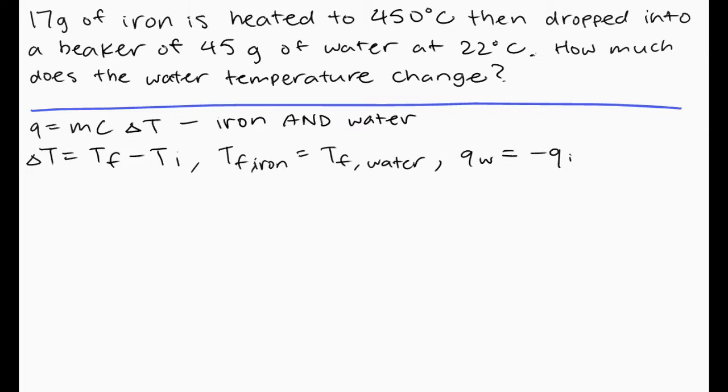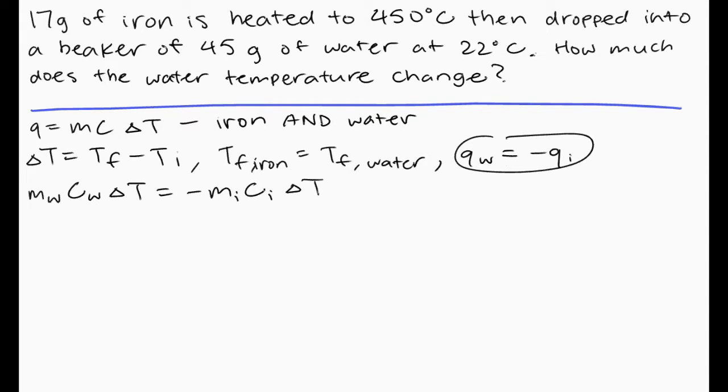So now we can replace these heats with the actual mc delta T equations. So the mass of the water times c of the water times delta T equals negative mass of iron times c of iron times delta T. And we can plug in the values that we know. We have 45 grams times the specific heat capacity times T final minus temperature initial, which for water is 22 degrees Celsius.